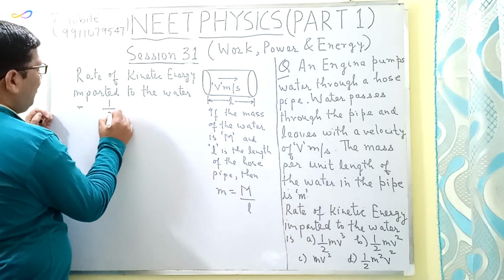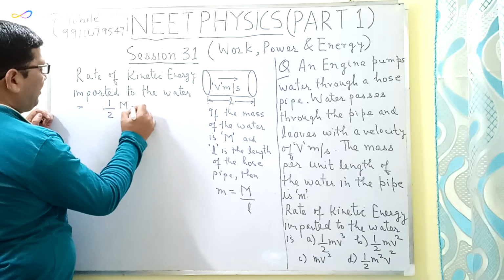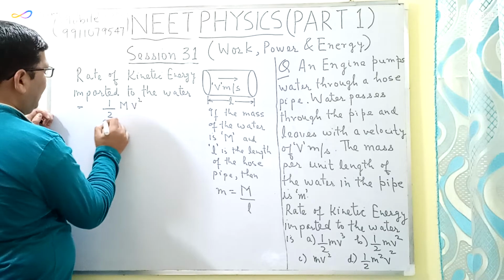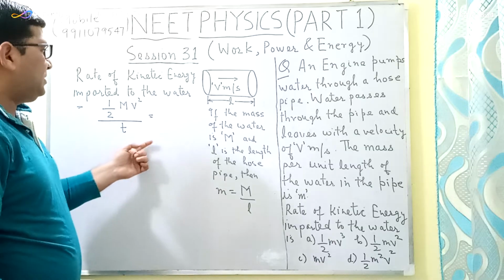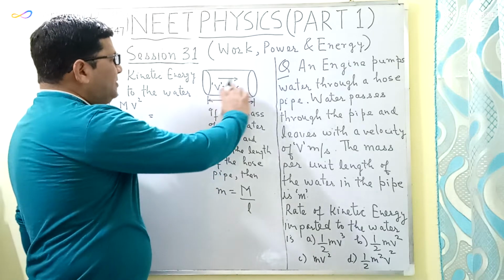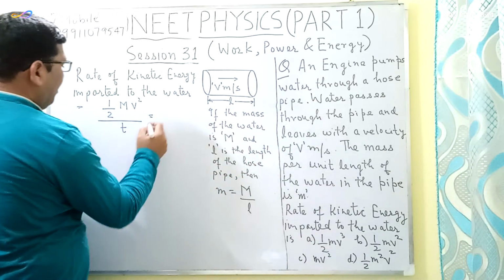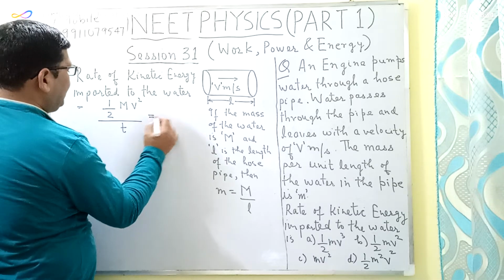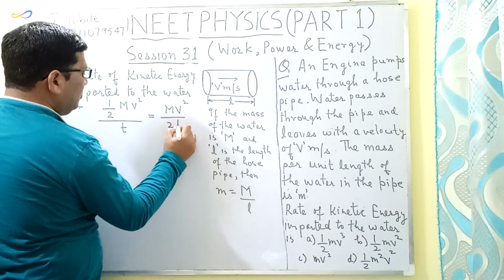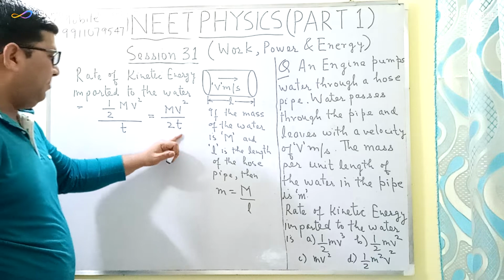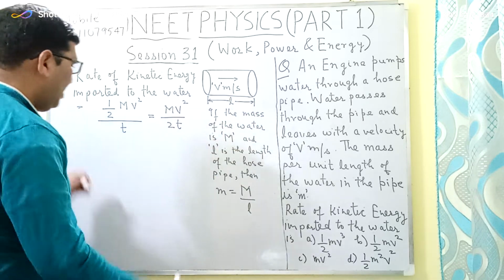That is half mass, here I have taken as capital M, V square divided by T. Now T is the time taken by this water to pass through this hose pipe. So this is equal to M V square divided by 2T. So T is the time taken by this water to pass through this hose pipe.